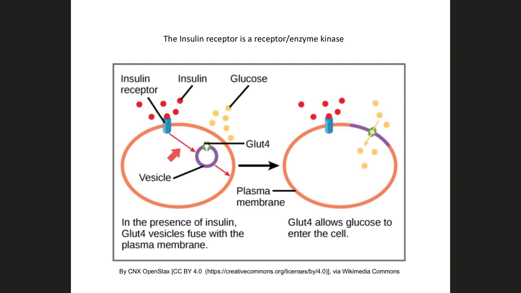As a result of that kinase activity, it sends a signal to vesicles that have the GLUT4 receptor, the glucose receptor, kind of on hold in these secretory vesicles. When the signal comes from the tyrosine kinase, this vesicle travels to the cell surface and allows glucose to come in. So that's an example of one tyrosine kinase receptor, how it receives a signal and the response that it generates.